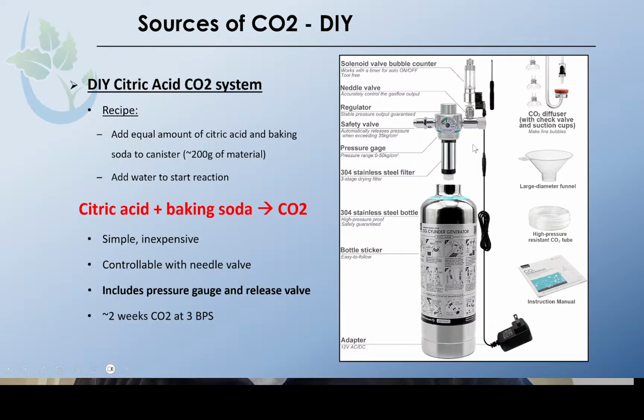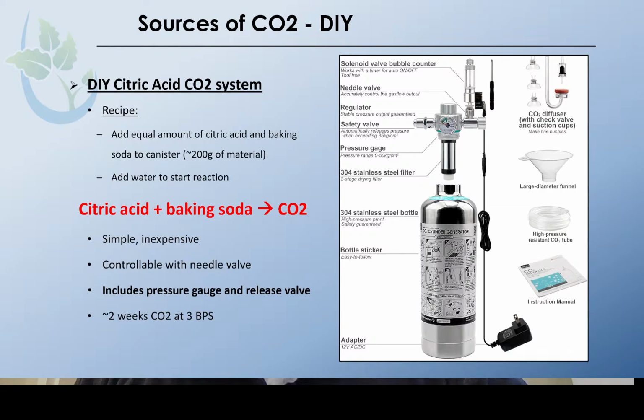These systems nowadays have needle valves. It has a pressure gauge. You can even have a solenoid, so you can shut off your CO2 at night. It's impressive. And this is stainless steel, so I don't worry about the bottle exploding, something I always kind of worried about. They're not terribly expensive, and the CO2 can really work at a fairly good rate.